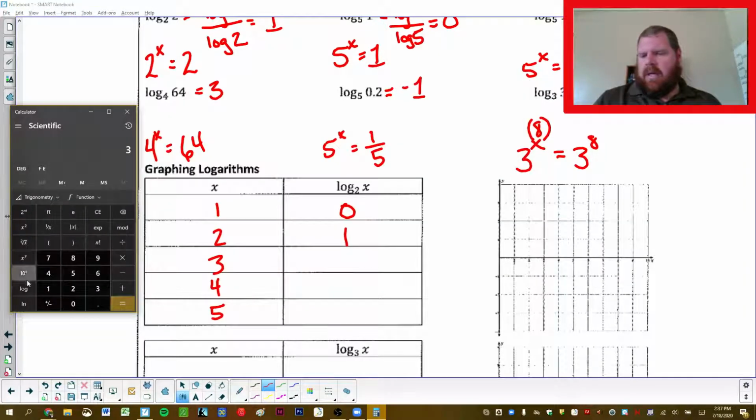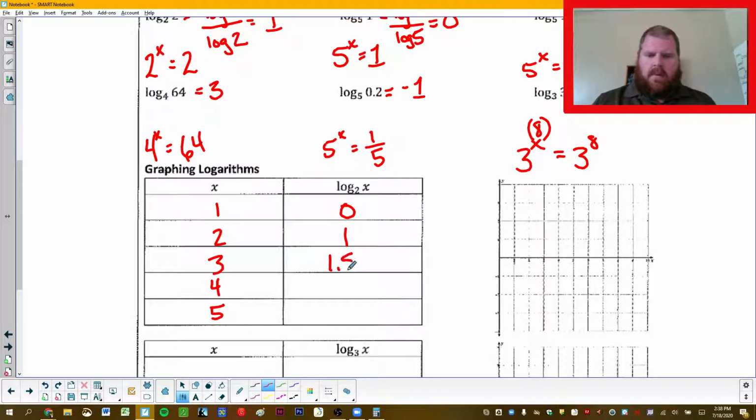Let's go 3 log divided by 2 log. And it makes sense to get some ugly answers, so we get 1.58. Because that's log 2 of 3. And what that's really saying is 2 to what power equals 3, right? And that's not an easy answer.